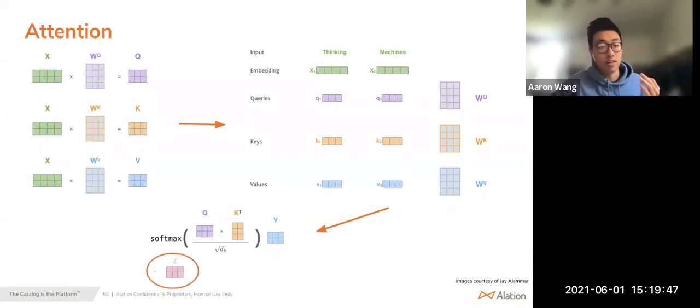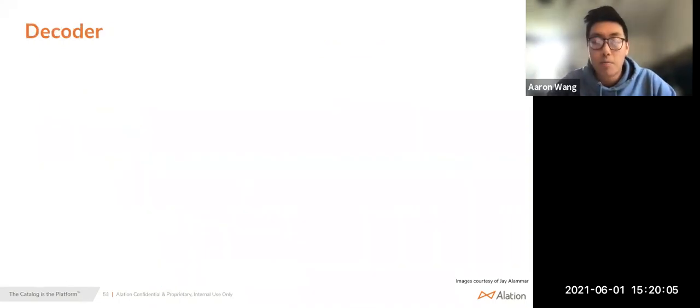That gives us our final attention score, or you can think of it as our context vector. We'll do this many, many times. The architecture given in the "Attention Is All You Need" paper does this multiple times to try and learn multiple attention ideas. But once we finish, we'll get to the decoder, right?